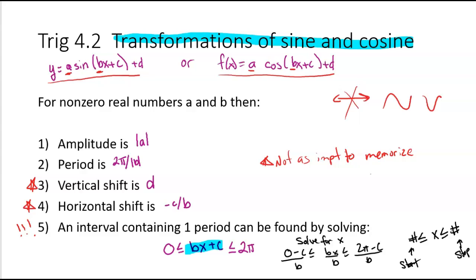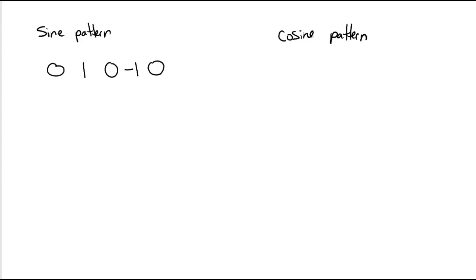Okay. Now, once we do all that, this will help us figure out our x values. So how in the heck do we figure out our y values? Well, we have patterns. Our sine pattern will follow 0, 1, 0, -1, and 0. Our cosine pattern is just going to follow the numbers 1, 0, -1, 0, and 1.